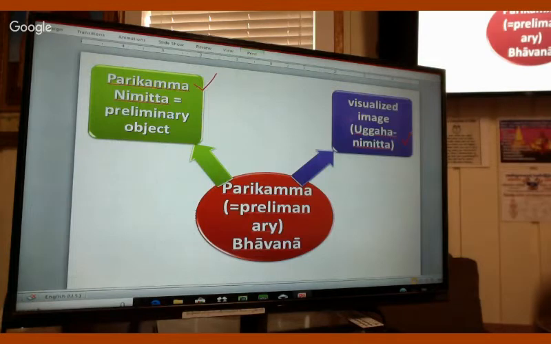So in vipassana, there's no virtual image. For breathing in and out, there are two ways to practice, depending on whether you want vipassana or samatha.